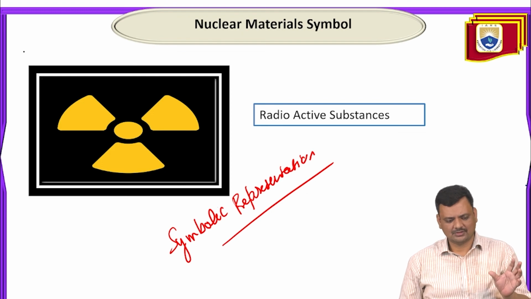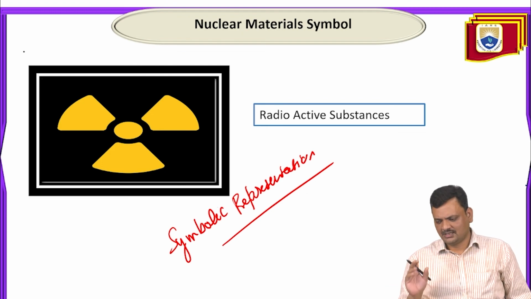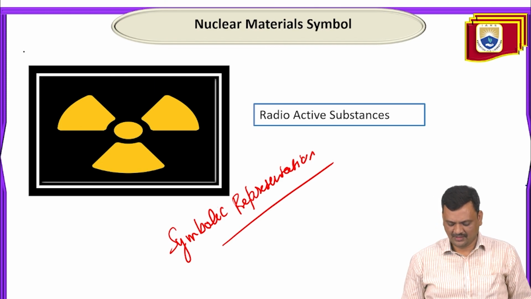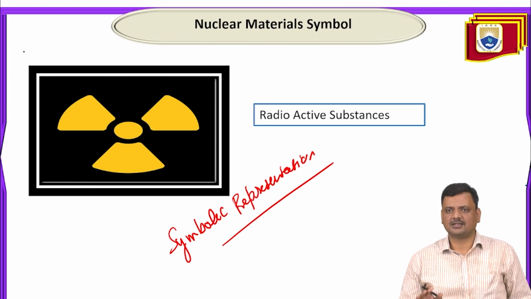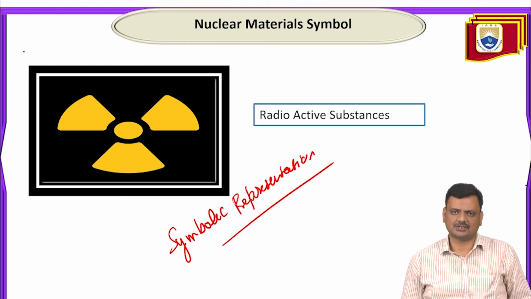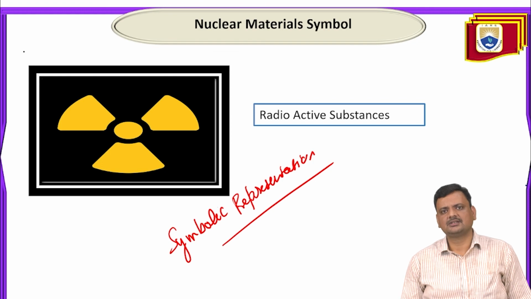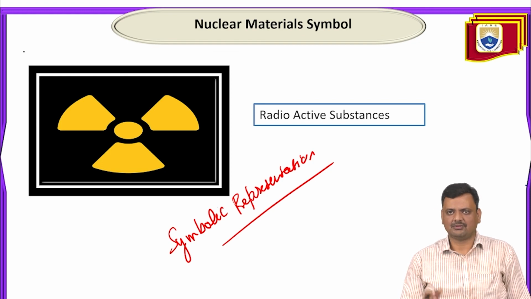If you see that picture on any container, be sure that the container contains a radioactive substance. So try to keep a safer distance from that substance. For awareness purposes, this symbol is used.